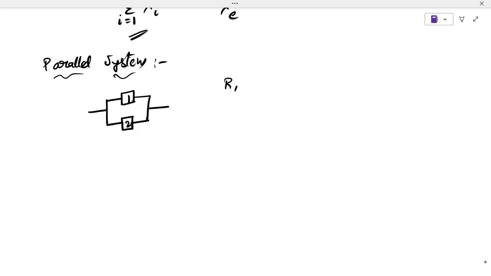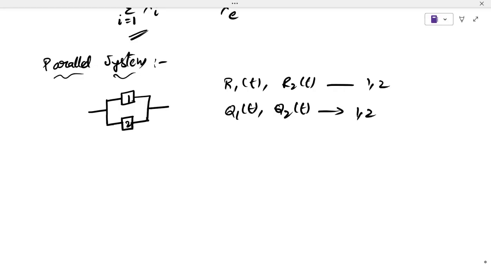Similarly, I am considering R1 of t, R2 of t for components 1 and 2, the probabilities of success. Similarly, Q1 of t, Q2 of t for the same components 1 and 2, the probabilities of failure. As these two are in parallel, it is better to go for Qs of t first, using the product rule. Yes or no?